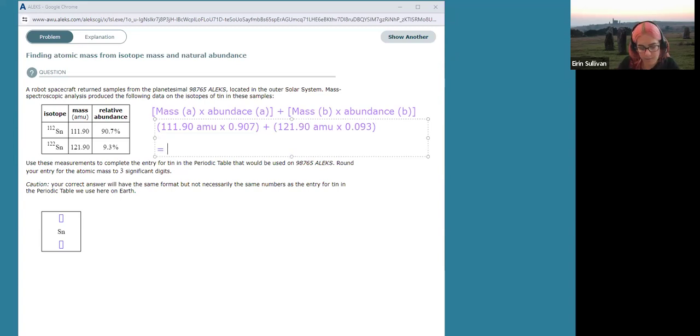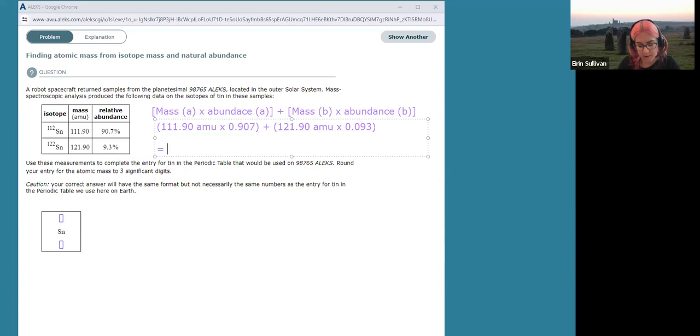I've got to be careful with my sig figs, right? So because I am multiplying, I should go to the smallest number of sig figs, which technically is going to be 2, but Alex has asked us to do 3, so I guess we'll do 3. So be careful putting this in your calculator. 111.9 times 0.907, close brackets, plus 121.